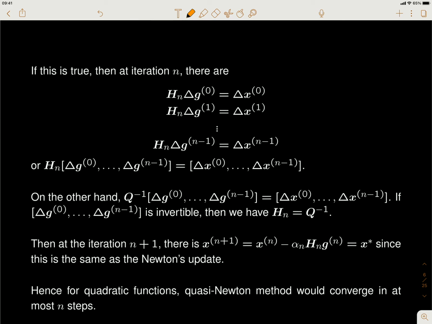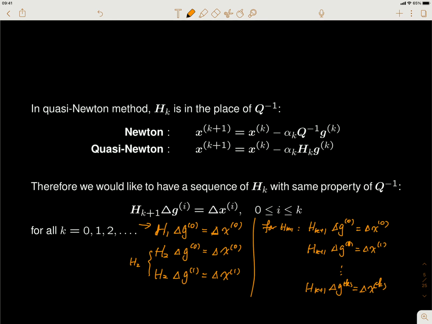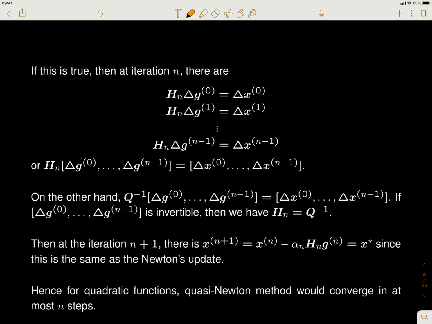Now recall that if I'm going to have HK satisfying this property for each iteration, then what happens after we finish the nth iteration? At the nth iteration, we are going to get the Hn, and the Hn is supposed to satisfy all these equations for k equals 0, 1 up to n minus 1.